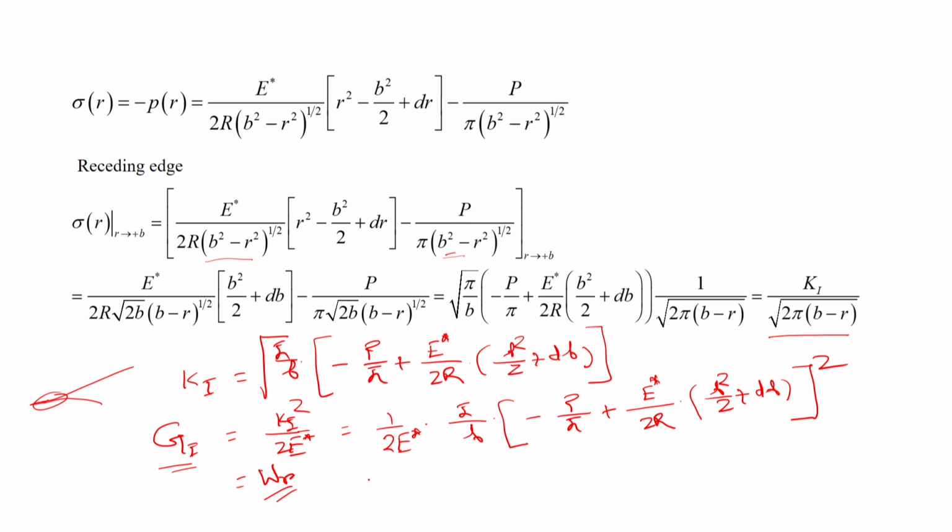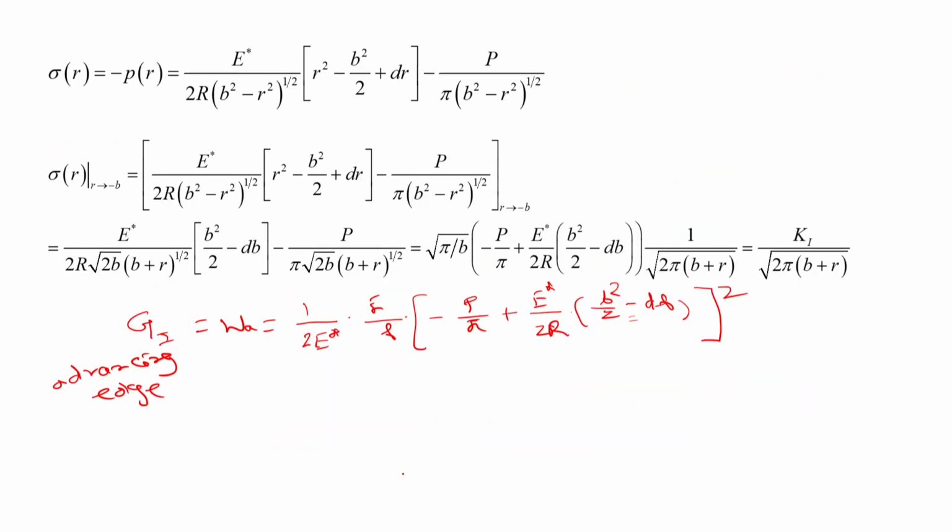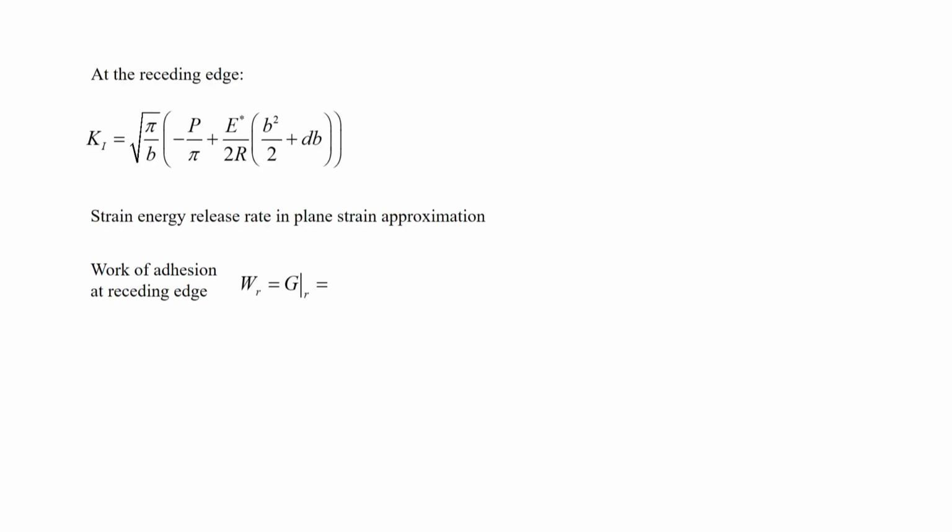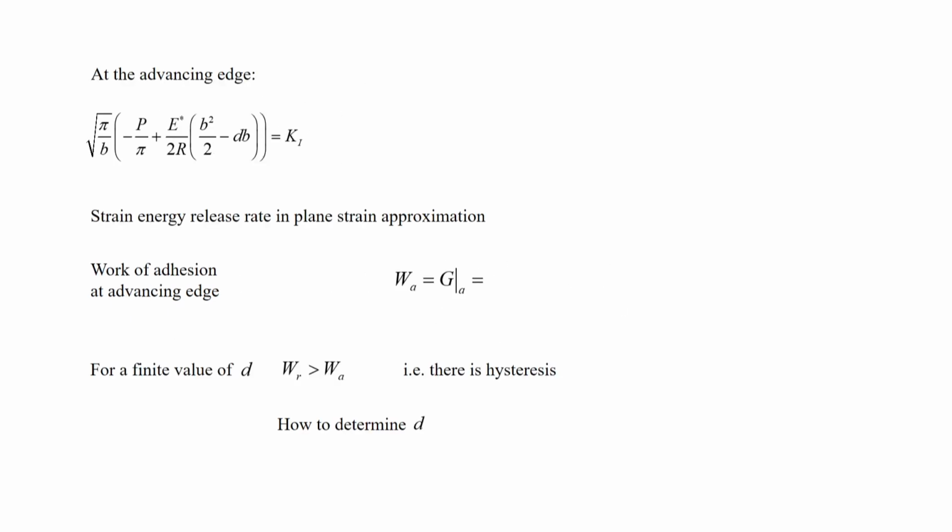Therefore, this quantity W r is actually higher than W A. So, that is the hysteresis that we have here, and that hysteresis depends upon this quantity d. If the d is large, then the hysteresis will also be large, and if the d is 0, that hysteresis is actually 0.